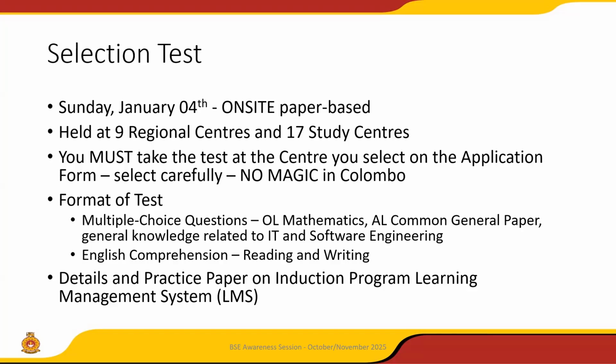The test will be held at all 9 regional centers and at 17 study centers. These centers are listed on your application, and you must take the test at the center you select on the application form. Please select carefully. It is very difficult to change after you make that selection.